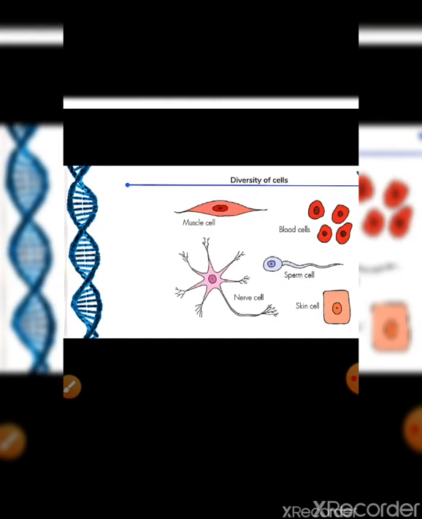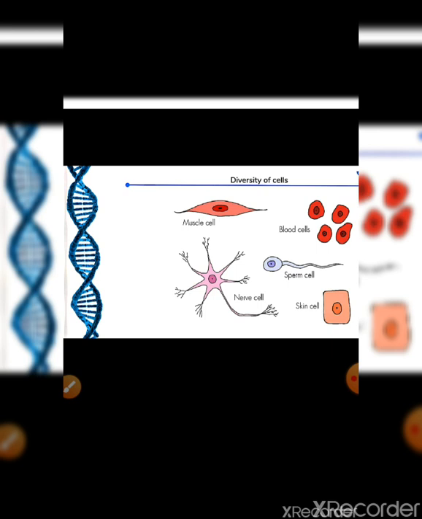Now the next, the diversity of cells. See students, you might think that the structure of every cell is the same. No, it's wrong. The structure of every cell is different. Every cell's structure is specified or specialized.